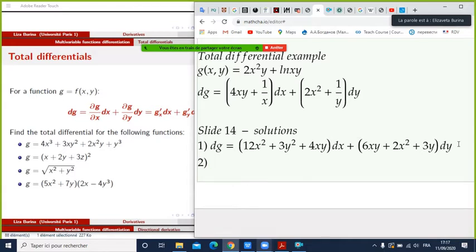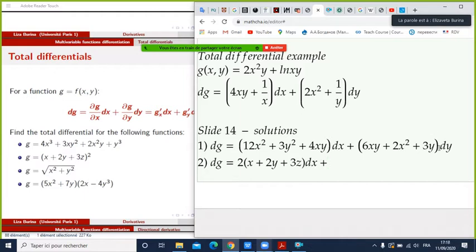Since we have 3 variables, we're going to have 3 terms in our sum. So for dg, the partial for all of them will start with the same 2 times (2x plus 2y plus 3z), because this is the outer function for whichever. For x that's it, because the derivative of the inner with respect to x is 1.